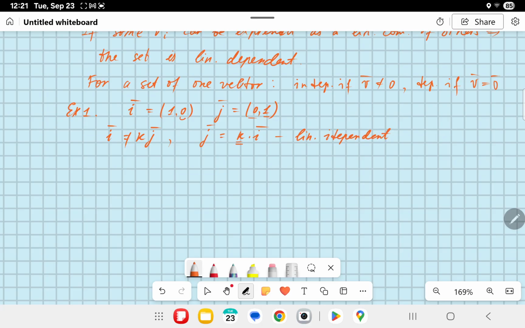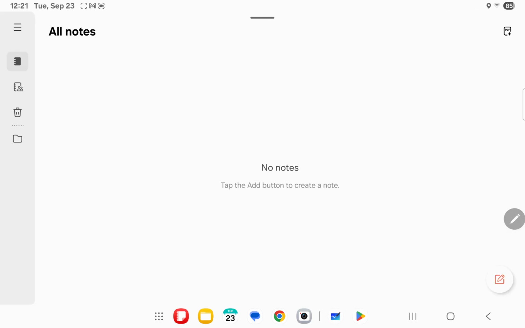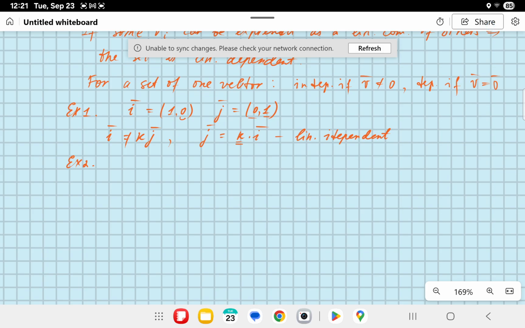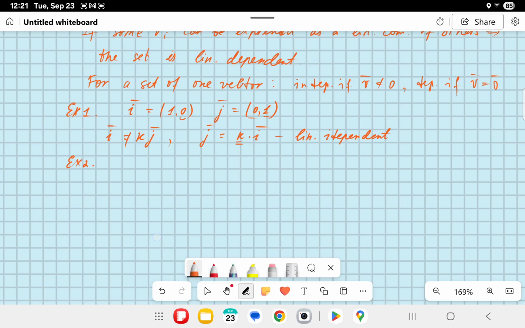Okay, maybe I should consider a linearly dependent set before I prove the theorem. Let's do example 2. Let's consider two vectors, vector A, which is 1, 2, and vector B, which is -2, -4.